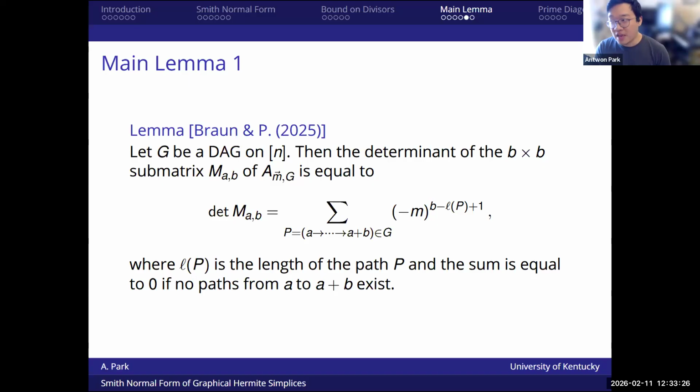And this is just a way of saying the exponent's going to correspond to the number of vertices you are missing. And so this was the key insight. In our paper, we have a slightly more general version of the statement, but for the example of the constant diagonal, it is just going to be this negative m raised to the number of vertices you have missed on that particular path.